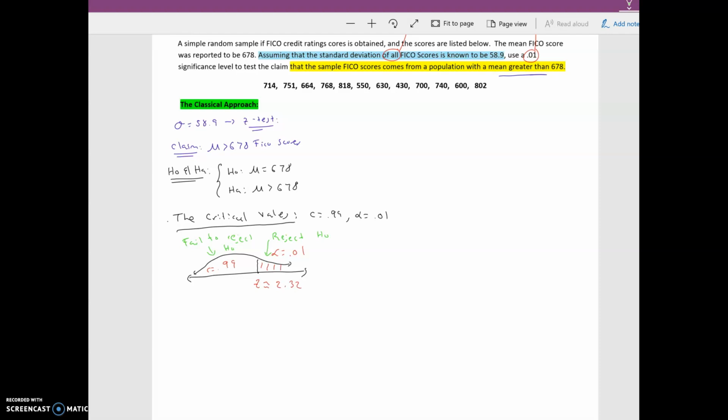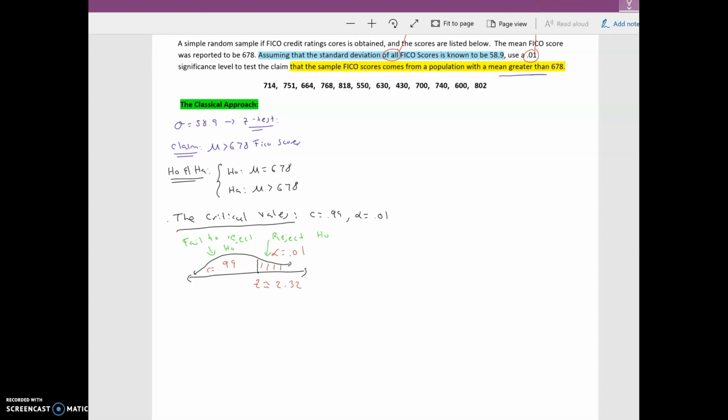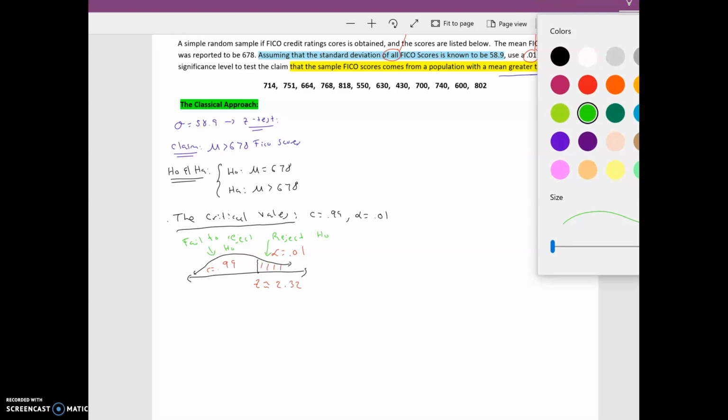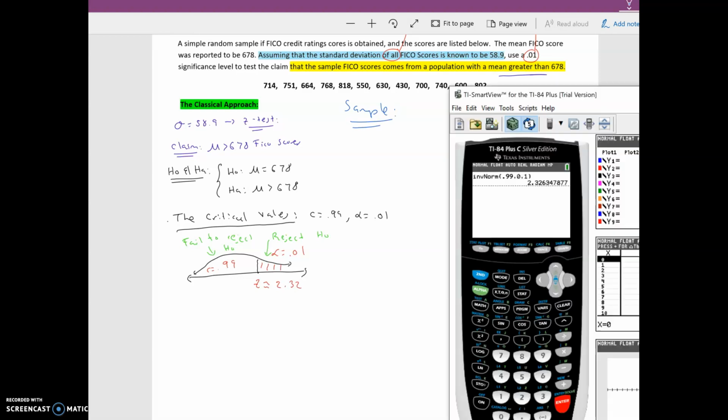Now let's take a look at the sample. Let me get a summary of the sample. If you don't mind, please run a one variable stats. Let me double check that I have all values, and I think we're good.